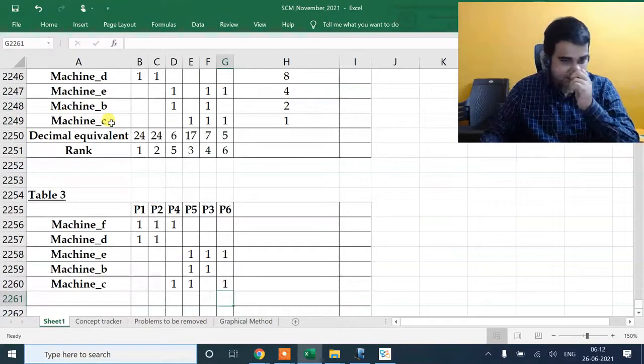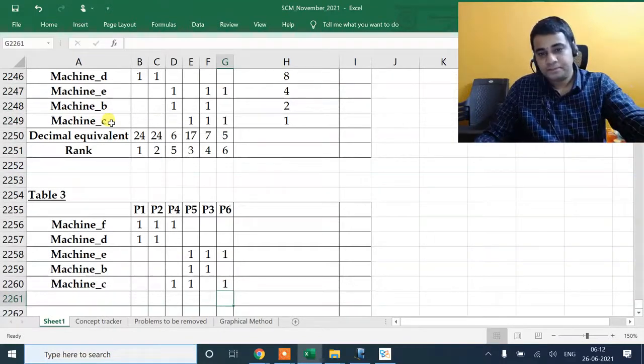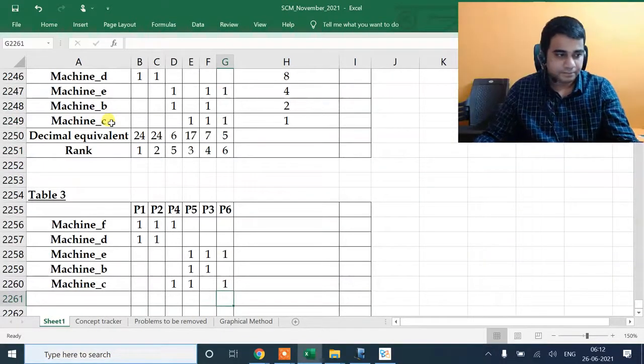I've rearranged them. Please rearrange them. Rearrange the order.